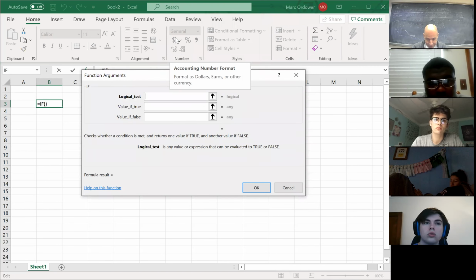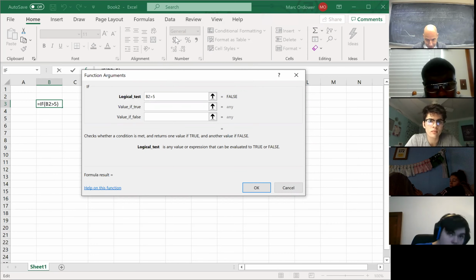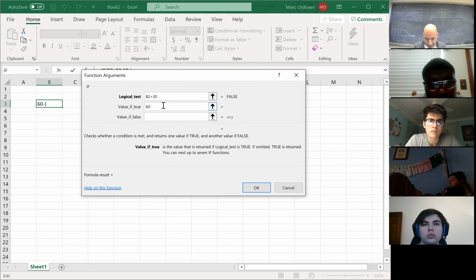So let's say if B2 is greater than 30, then this will be equal to 60 minus B2, and if it's not greater than 30, it will be 60 minus B2. I want 120 minus 2B2.